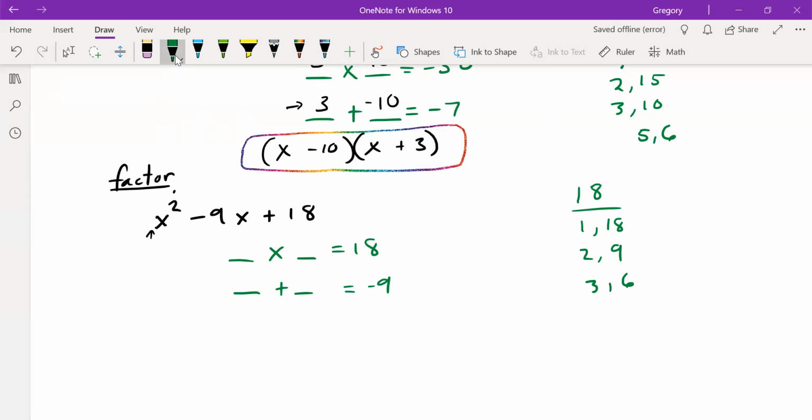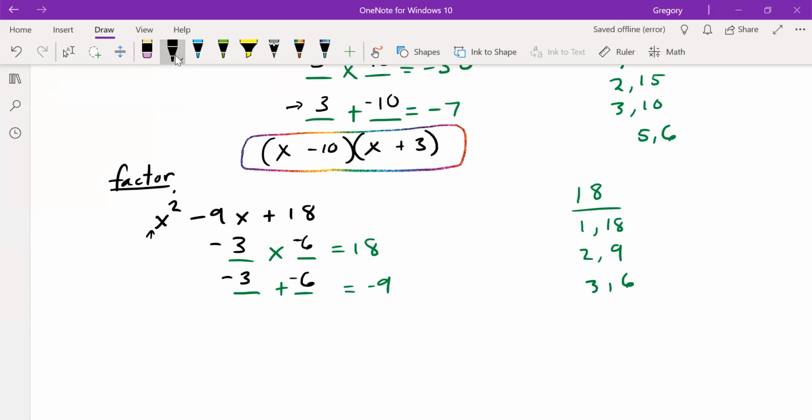So which one of these could conceivably add to a negative 9 in some way? The only possible way you could do that is with a 3 and a 6. The only way that's going to happen is if they're both negative. And if they're both negative, that will still work for 18 because negative 3 times negative 6 is a positive 18.